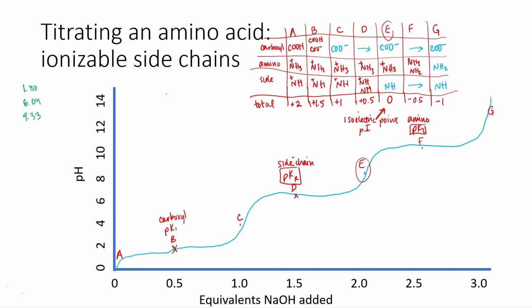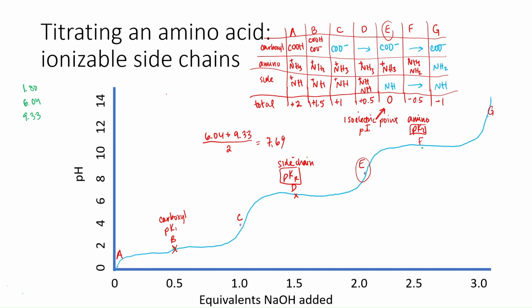So if we average together our first one, 6.04, plus our second one, 9.33, and we divide by 2, we can arrive at our average, which is about 7.69, if I did that correctly.